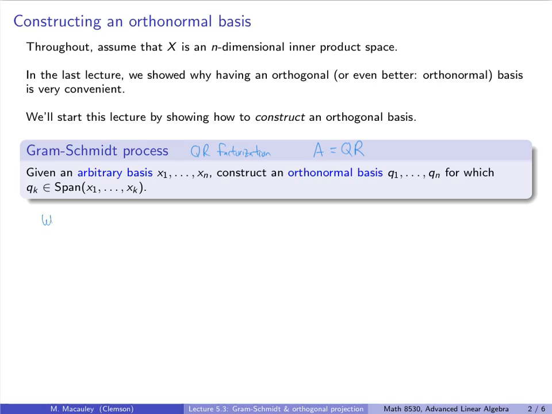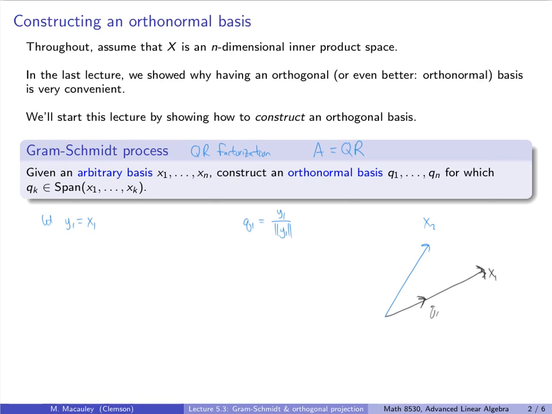Let y1 be equal to x1, and then I will let q1 be y1 normalized, so divided by its norm. A picture of this is: x1 is some vector like this, and if we normalize it, we get q1. And now x2 is going to be some vector out here.